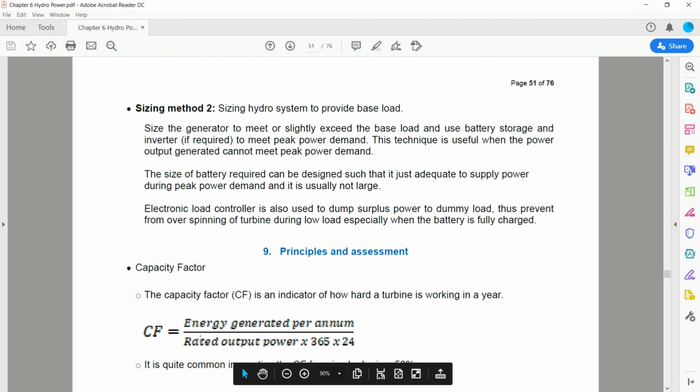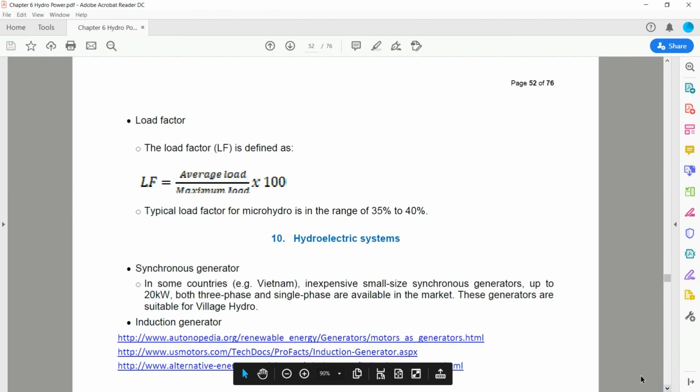Rated output power is the rated value from the alternator, and then you multiply with 365 days and multiply with 24 hours. So from this one you get the rated energy from the generator or alternator.